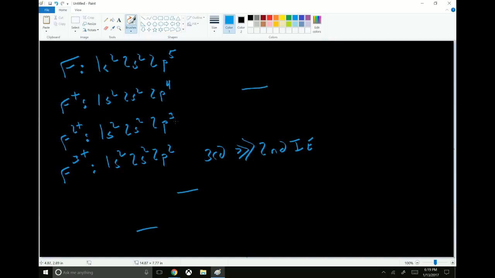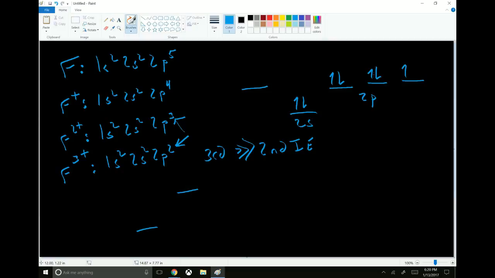And the reason is the change going from the second ionization energy to the third. Fluorine's valence electrons looked like this. Those are the 7 valence electrons fluorine initially had.